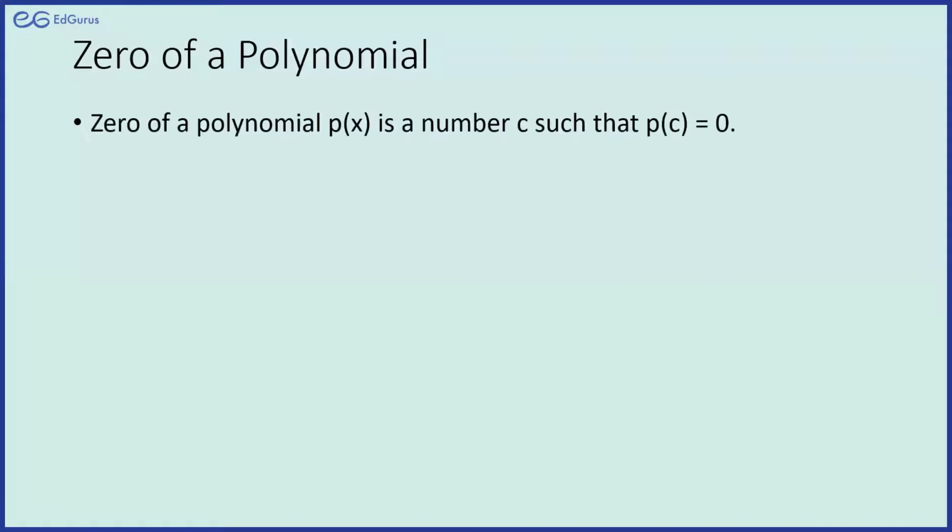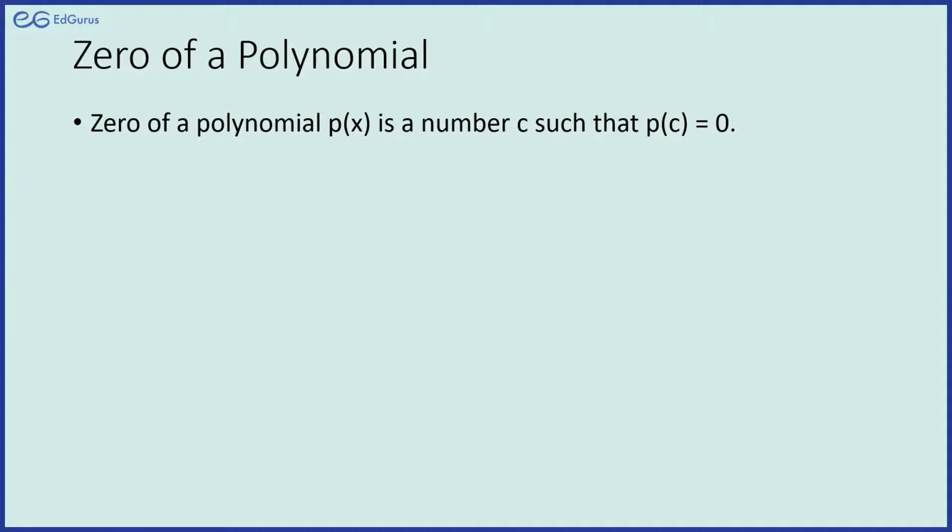Now we come to zero of a polynomial. तो अभी तो हमने ये देखा कि given some value of the variable, how do we find value of a polynomial? Now we are talking about zero of a polynomial. So what is zero of a polynomial? Zero of a polynomial is a number such that P of C is equal to 0.